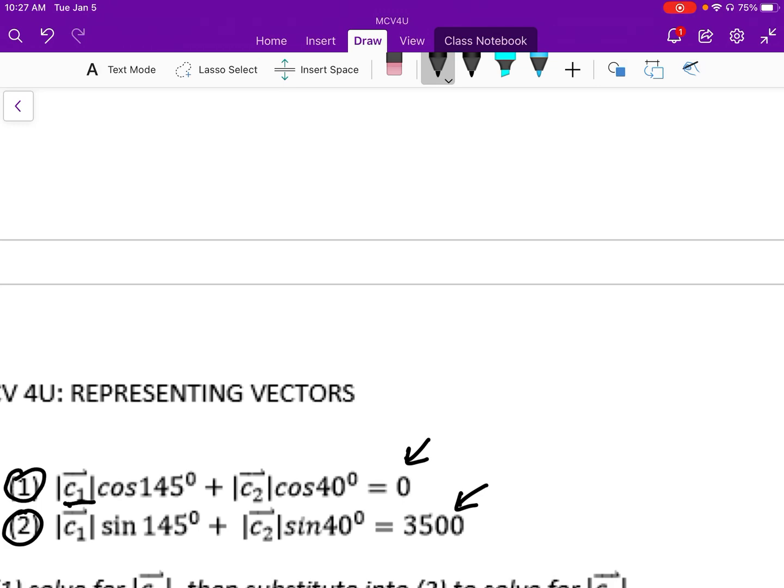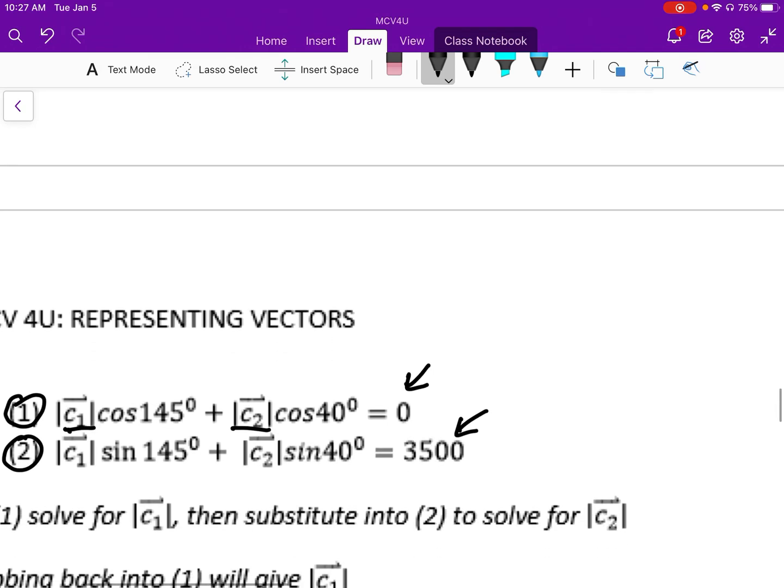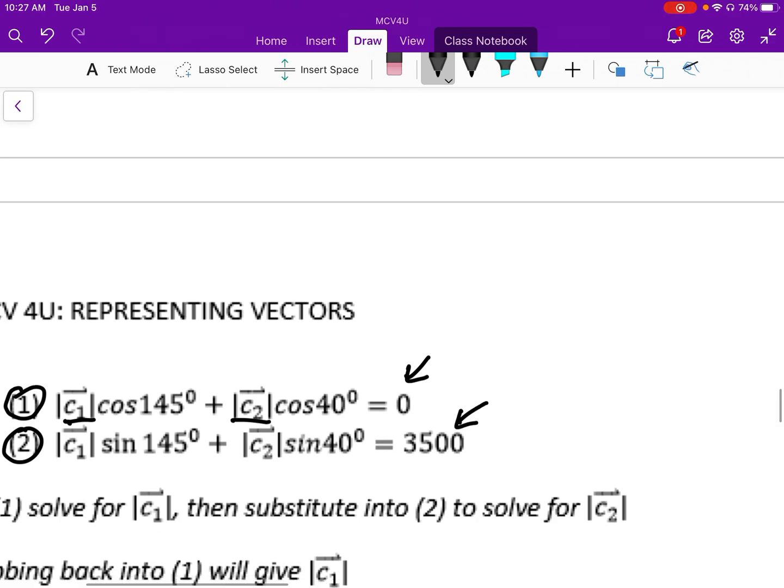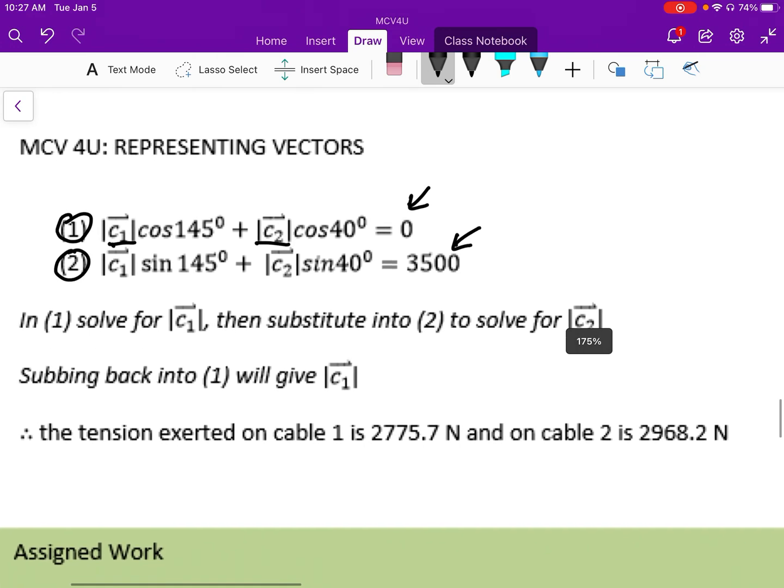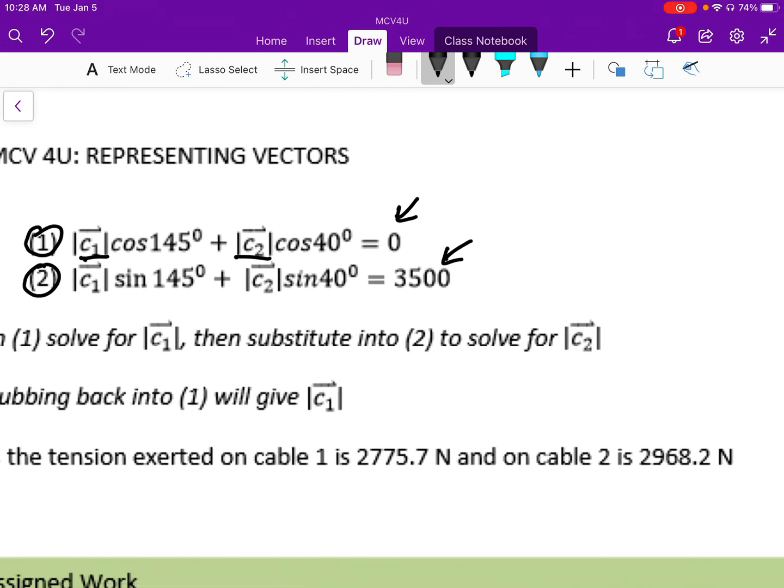You have two unknowns: the magnitude of C1 and the magnitude of C2. Two unknowns, two equations to solve. What do we have to do? We use substitution or elimination, right? So in this case, you will end up with the same result as we did with the geometric vectors.